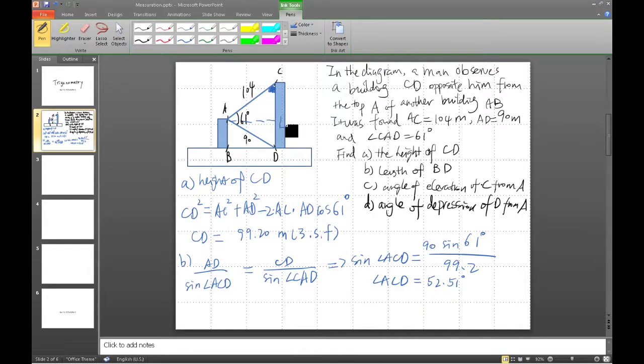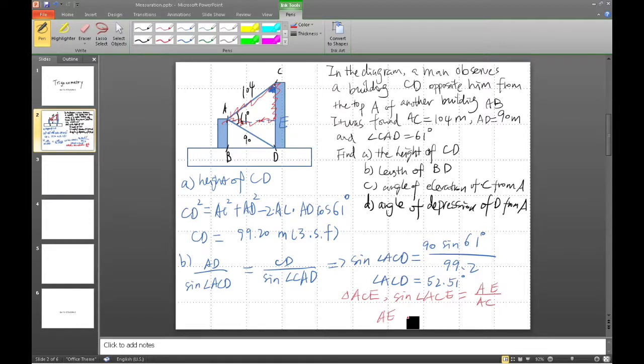After finding this angle, AE has the equivalent distance of BD. So what we need to do now, in fact, we can just simply find out what's the distance of AE in the triangle of ACE. Therefore, sine angle ACE equals to AE over AC.